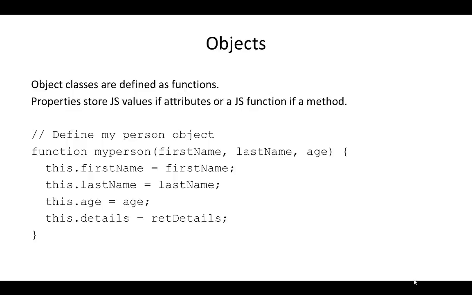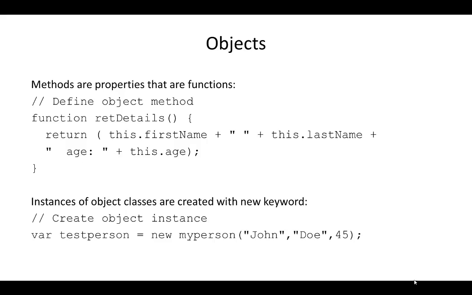And retDetails is a function, and a function that's a property of an object is a method. Right. So it's getting hard now. Appreciate this. So here's my function retDetails, for return details. It's having no arguments input into it.